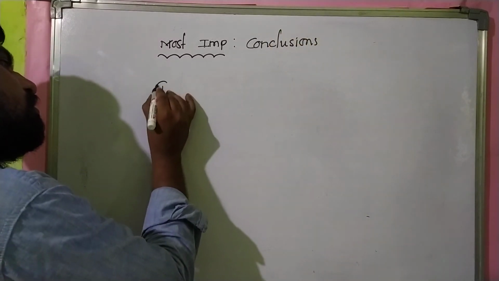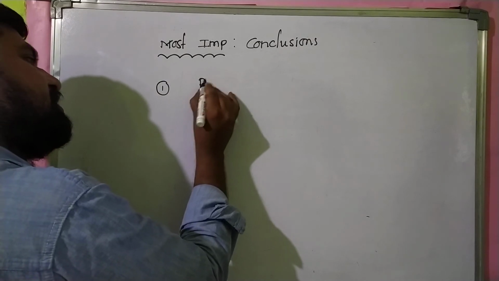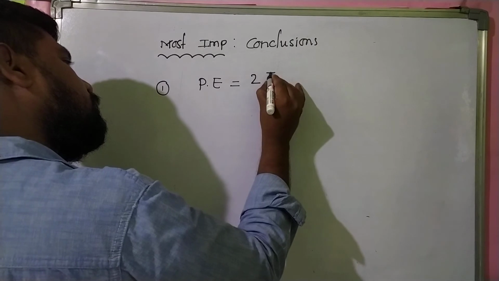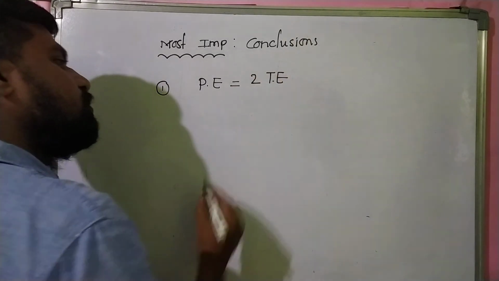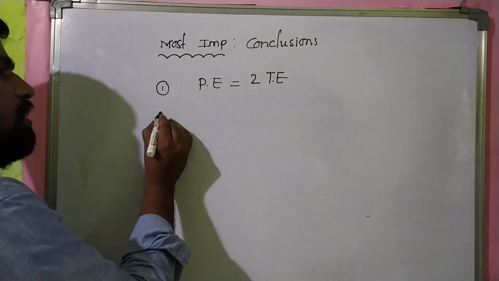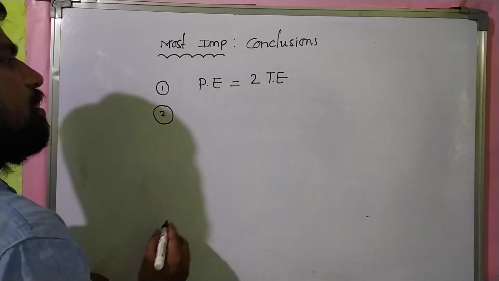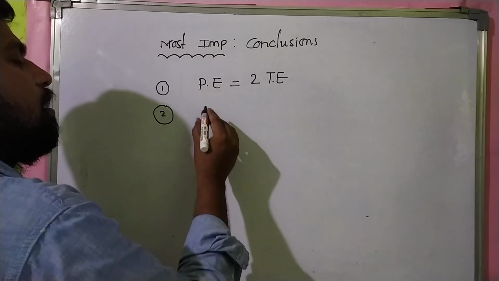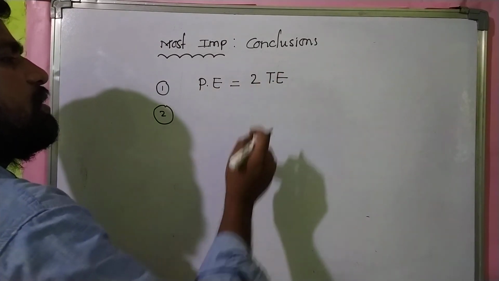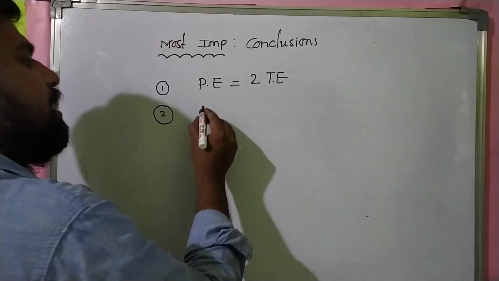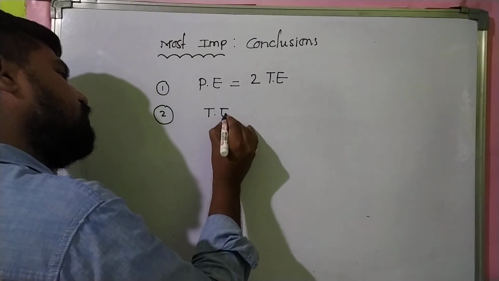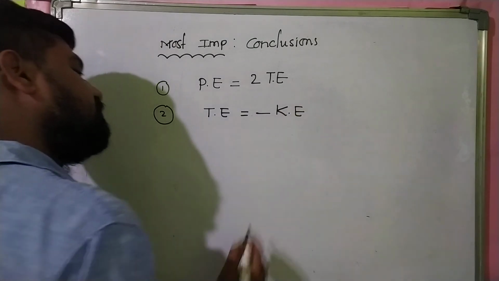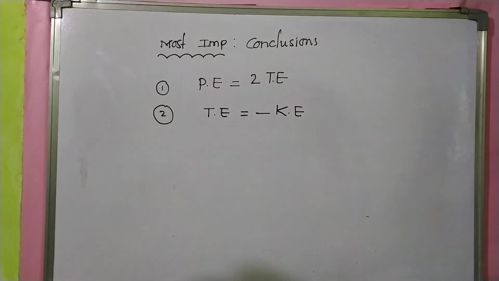So number 1, potential energy equal to double the total energy, 2 into total energy, and total energy equal to minus kinetic energy.